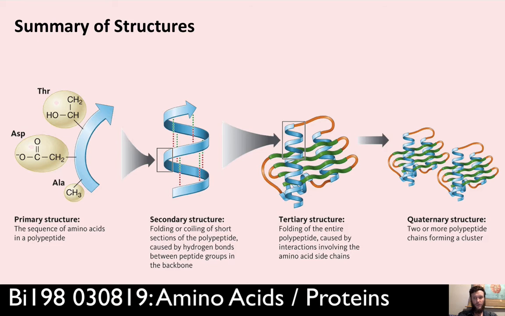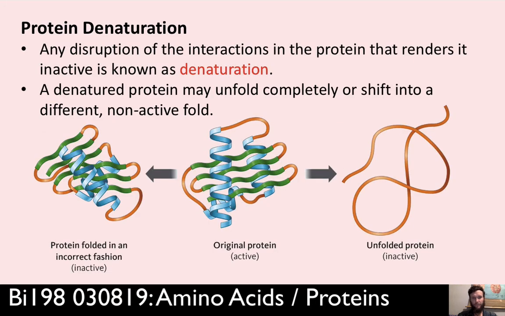Hemoglobin is what's called a tetramer. It has four globin subunits that give the protein its overall fold, and we call that quaternary structure. Not every protein has a quaternary structure.